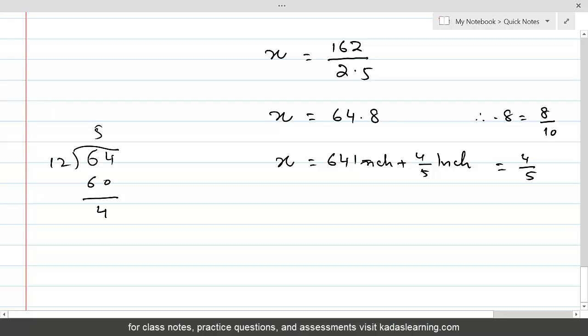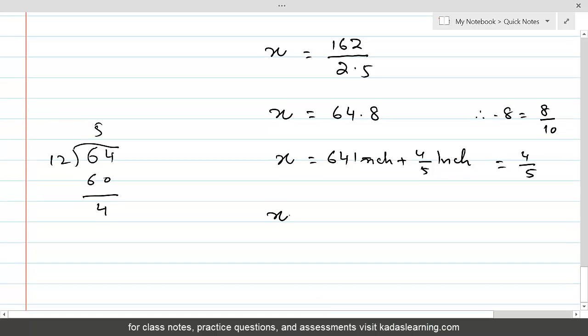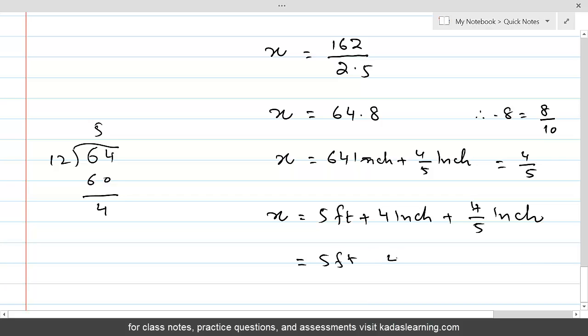This means x is equal to 5 feet plus 4 inches, and we already have 4 by 5 inch. If we now combine all these, this will be 5 feet plus 4 whole 4 by 5 inch.